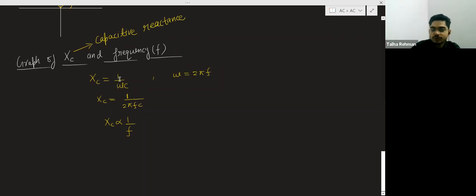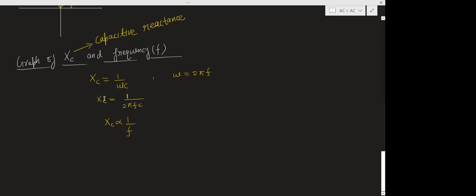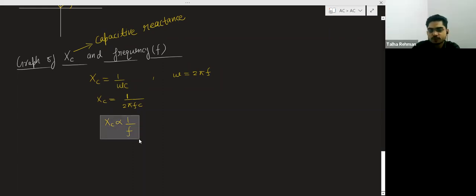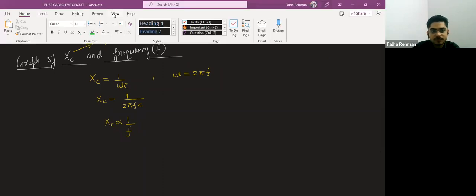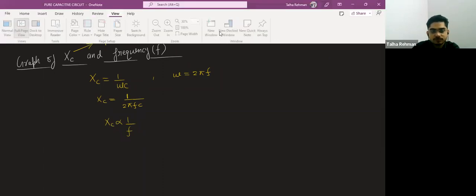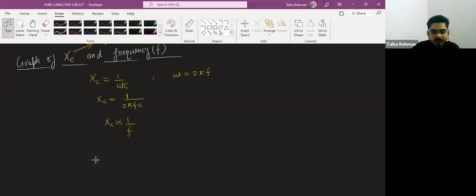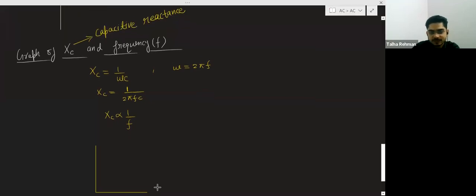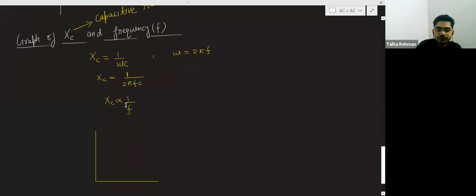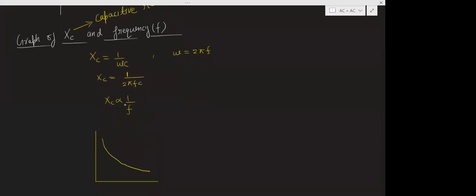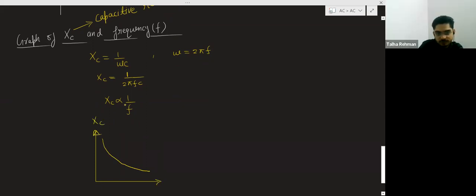So Xc is equal to 1 by omega C, so Xc is equal to 1 by 2 pi fC. So Xc is inversely proportional to the frequency, so the graph will be like this. Rectangular hyperbola type graph. Here will be your Xc, here will be your frequency.